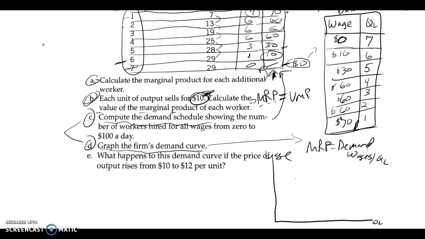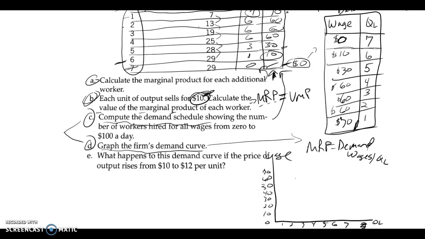Wages can range from 0 to 70 and everywhere in between: 10, 20, 30, 40, 50, 60, 70. And the quantity of labor ranges from 0 to 7: 1, 2, 3, 4, 5, 6, 7.